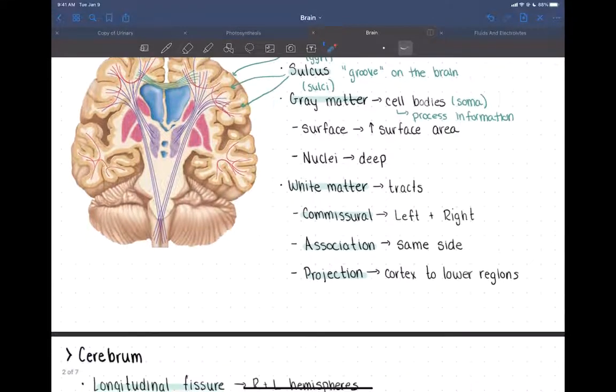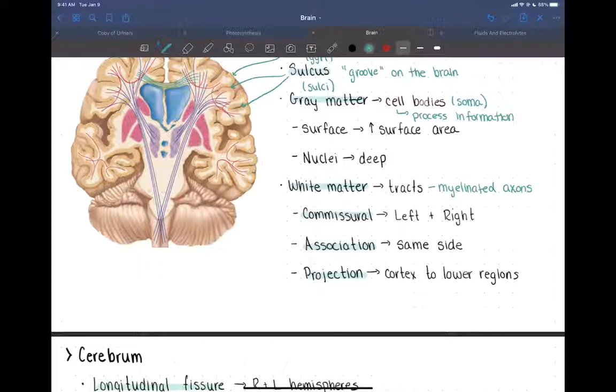Then we have white matter, which is primarily made of tracts, specifically myelinated axons. These are areas where information is being transmitted, regions where axons run through to connect to other regions.